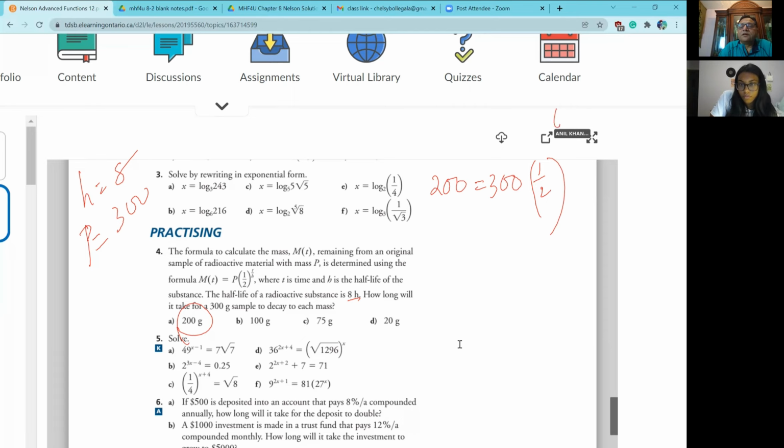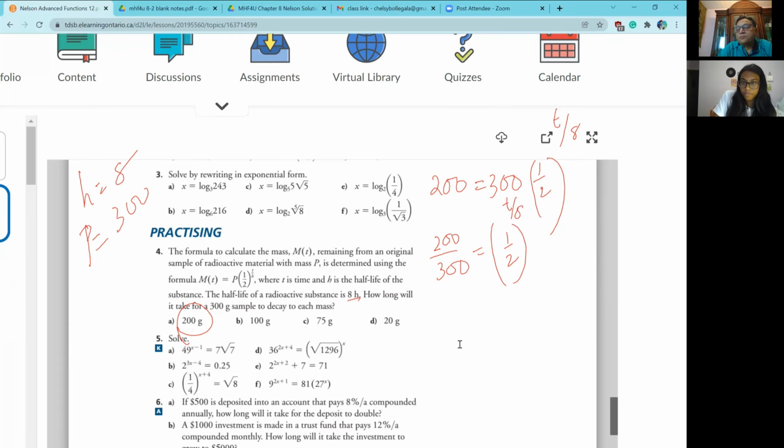First divide by 300. So you get 200 over 300 equals half to the power of t over 8, correct? That is 2 over 3, right?